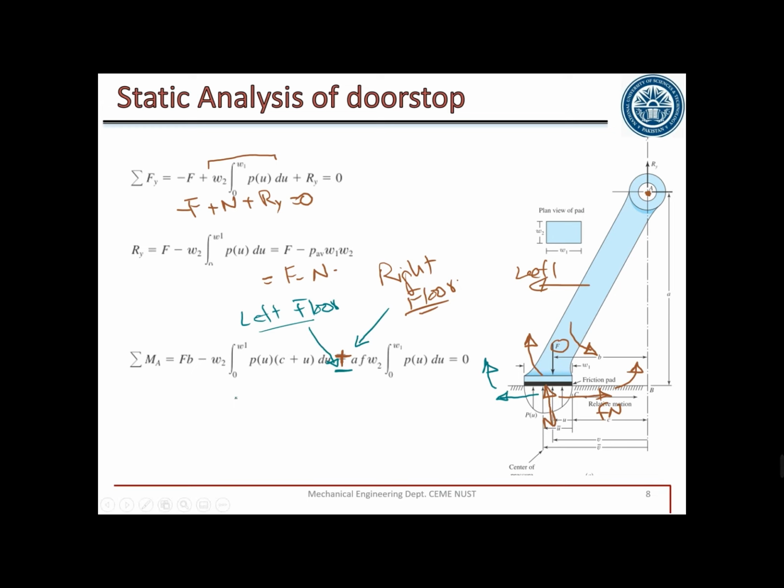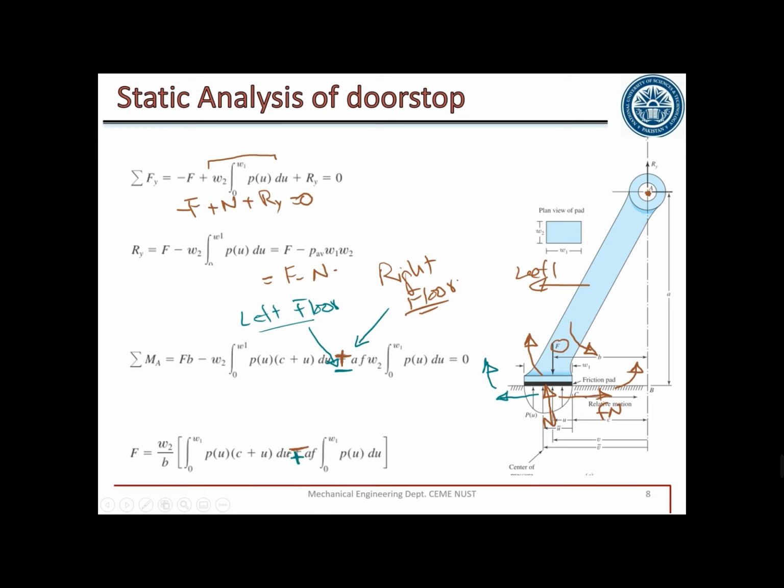Once you have this equation, we can have the next equation, which is FB. For FB we have placed this term towards right. So W2 integral of P plus U, this term becomes positive and this term will be negative for right floor motion, and positive for left floor motion.